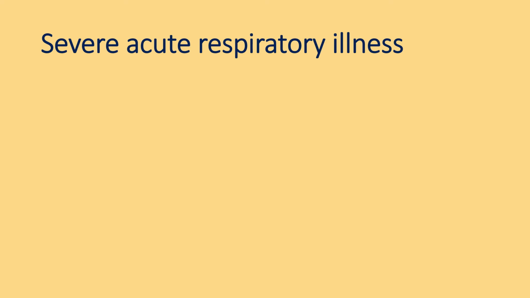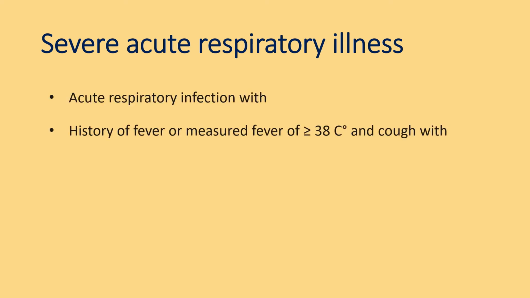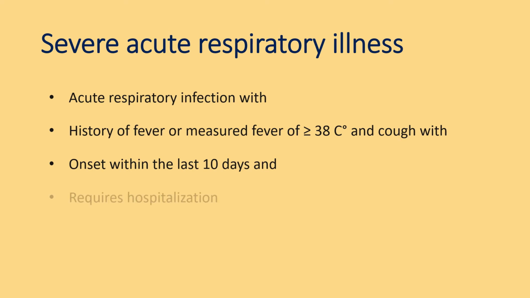Severe acute respiratory illness, or SARI, is defined as acute respiratory infection with a history of fever of more than 38 degrees Celsius and cough with onset within the last 10 days and who require hospitalization.